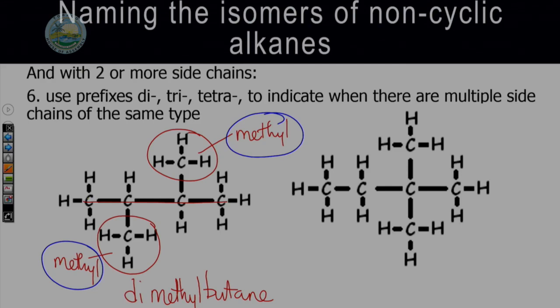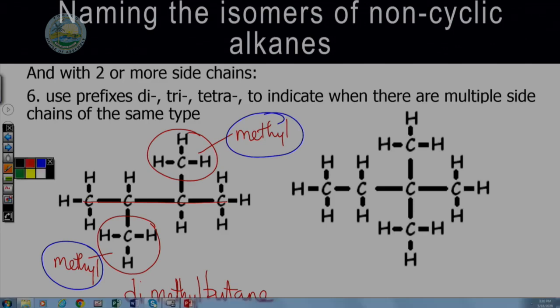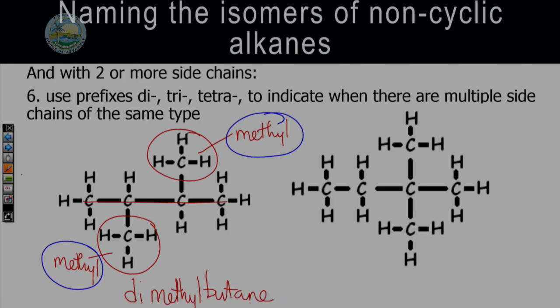And we need to note the numbers according to the last slide. So the numbers we have, we're going to number them. So we have 1, 2, 3, 4 carbons.